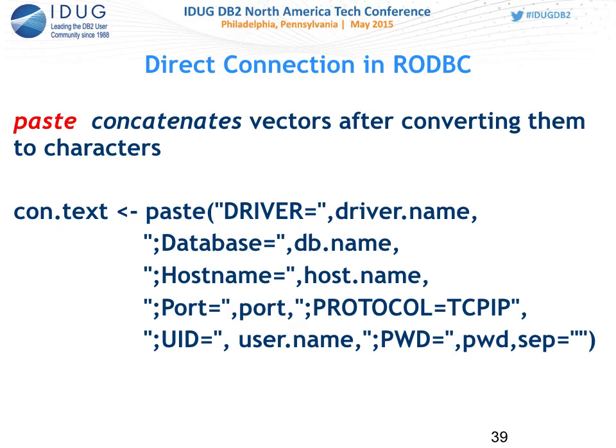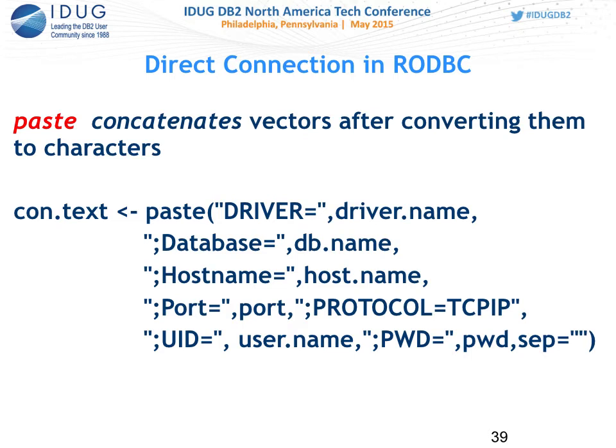And then you can use something called paste. Paste is another funny one. I mean, paste is not used the same way you use it in other languages, but what it essentially does is it concatenates vectors. You take a whole bunch of vectors, or just a piece of data that we've talked about before, and put all that into a variable. It doesn't matter what you call it, but this was my connection string, so I called it con.text.